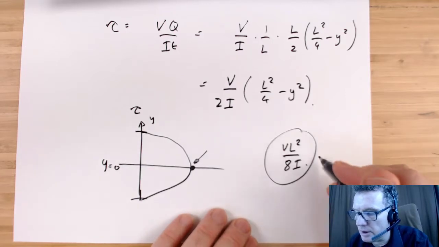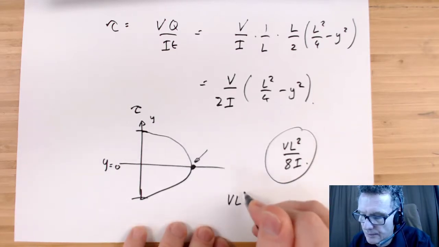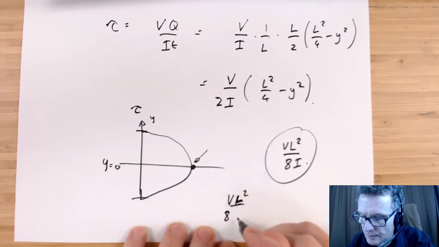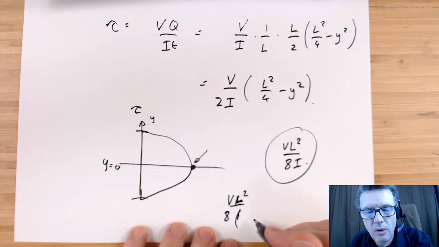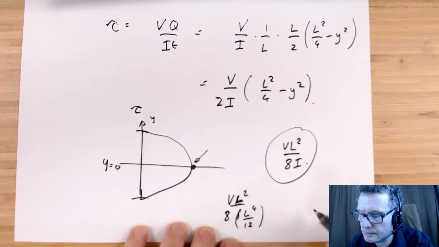So what else can I tell you about this value? Well, I know what I is. I is going to be L to the power 4 over 12.